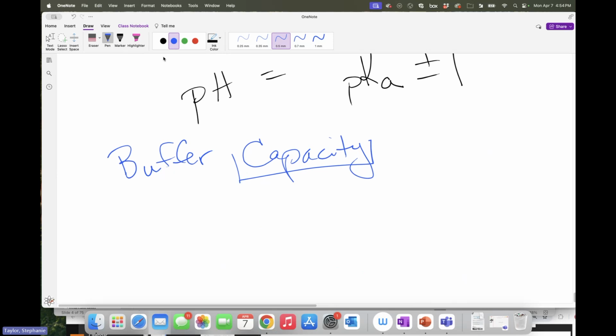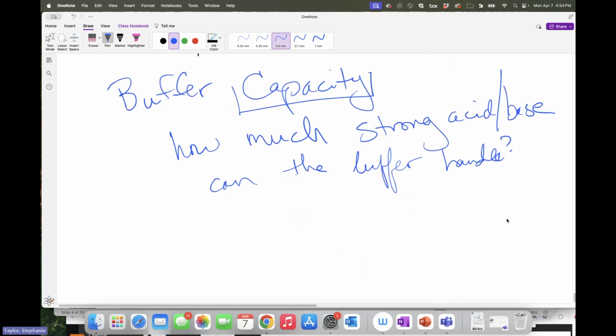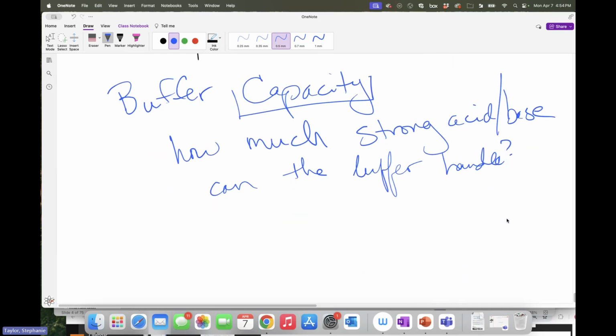Buffer capacity, therefore, is essentially how much strong acid or base the buffer can handle. And this is based on the concentration or the number of moles of the buffer.